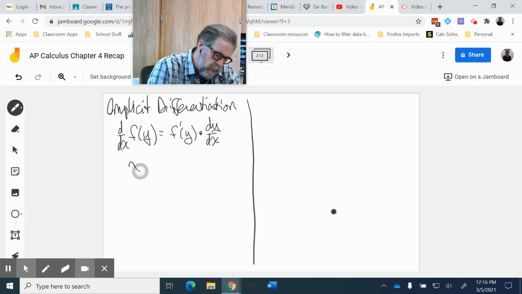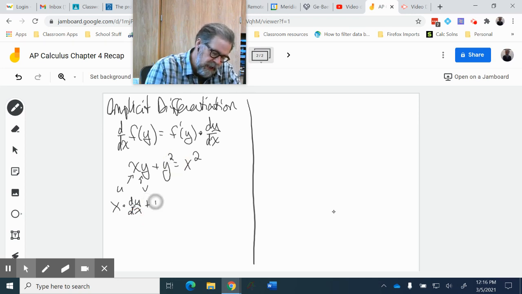So an example would be xy plus y equals x squared. And we would say that, well, product rule, this is u, this is v. We've got u dv. Let's make that a y squared just for fun.